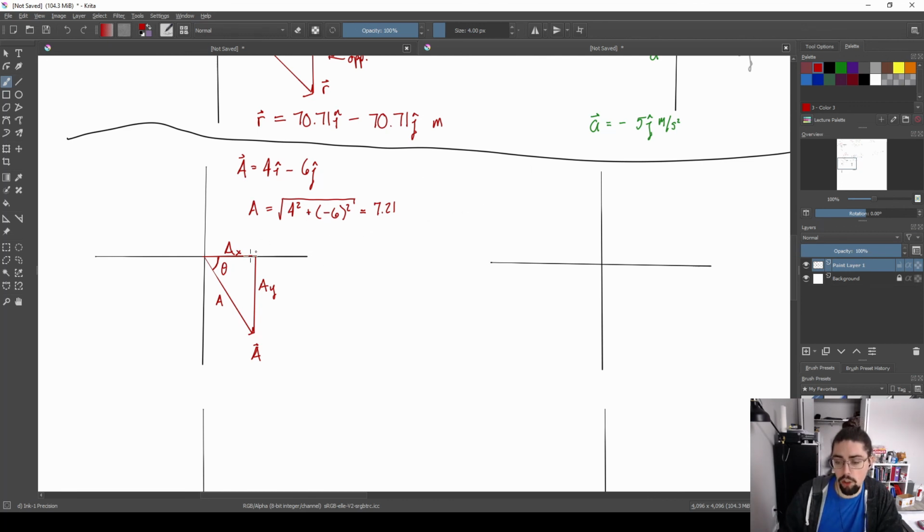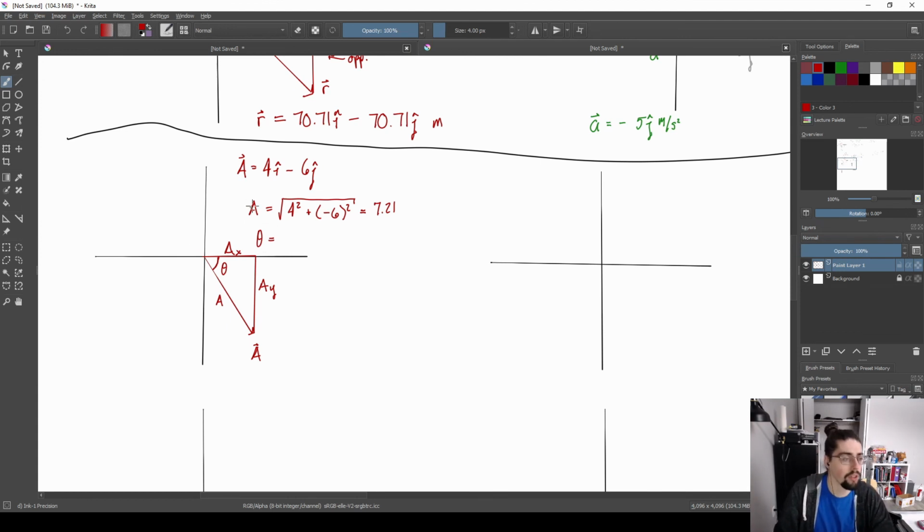Now let's find a direction. So we have our angle theta labeled here. What I'm going to do is remove any possible agency from my calculator. Again, I do not trust my calculator. It is very good at doing calculations, but it's not very good at actually interpreting those calculations in meaningful ways.